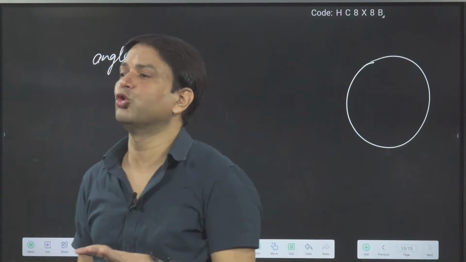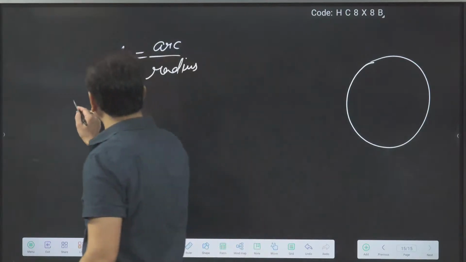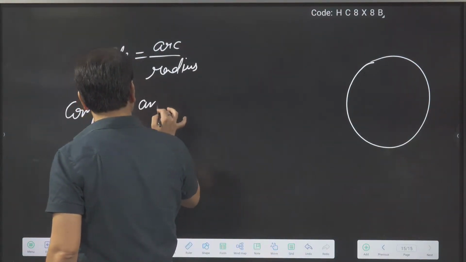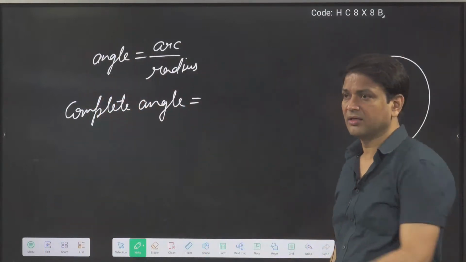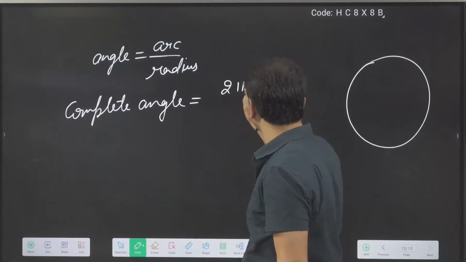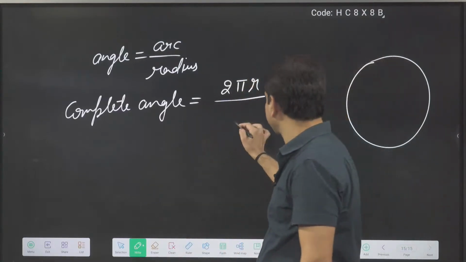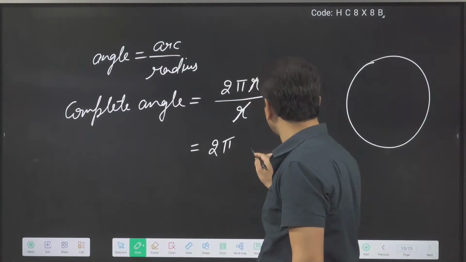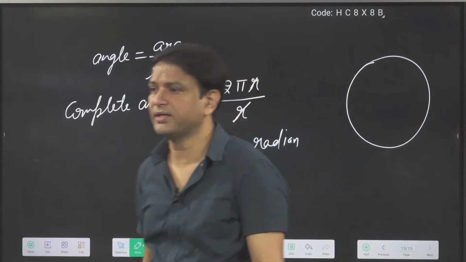Circumference of the circle is 2 pi r. So for the complete angle, I take the arc length as the circumference, 2 pi r, upon radius. R cancels out. What is the complete angle I got? 2 pi. And the unit I will get is radian. So the complete angle is 2 pi radian.